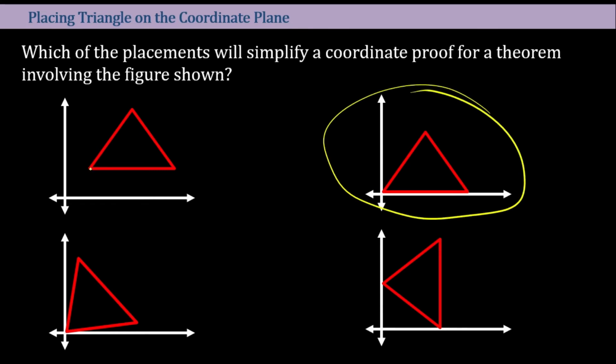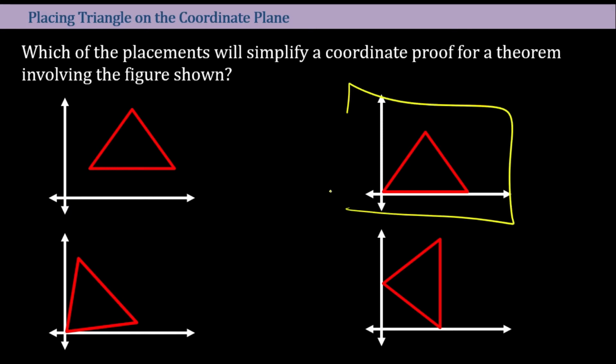In this one, no vertex was placed on the origin and no side of the polygon was placed on an axis. In this one, a vertex was placed on the origin, but none of the sides of the polygon was placed on an axis. This one as well will not be suited for simplifying the coordinate proof. So the answer would be this one.